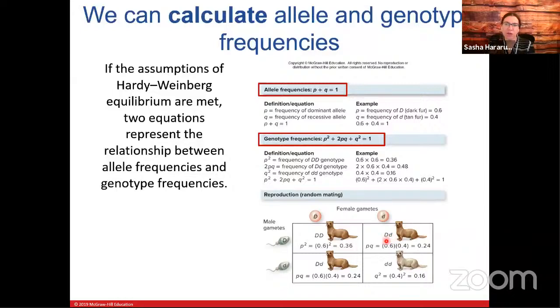If you're calculating the frequencies for the genotypes, it will be genotype frequency. If you're calculating the frequency for individual alleles, it would be allele frequency.